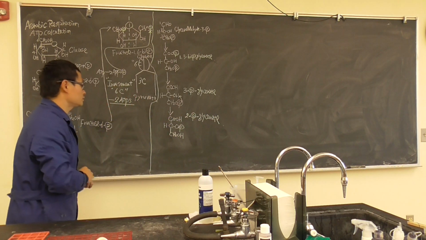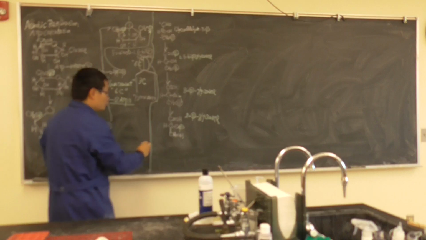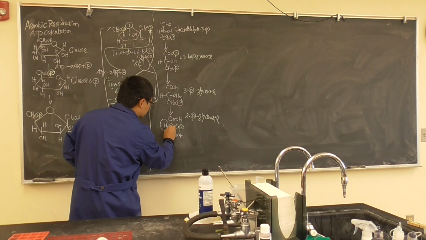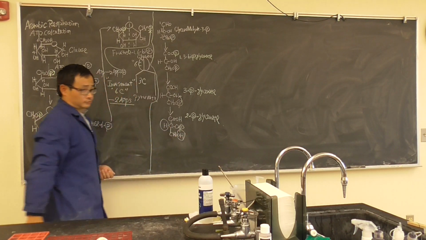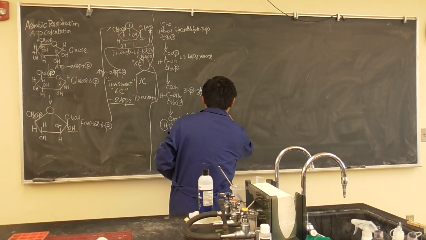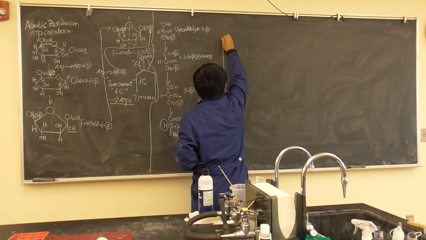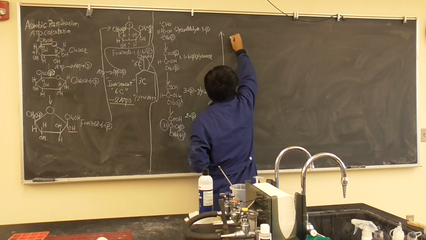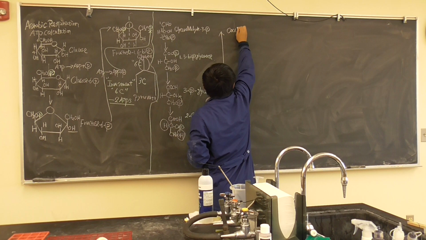Okay, then at this stage, what's going to happen? We're basically going to lose water later on. So we're going to go here, a little bit on the top. So we'll become COOH.